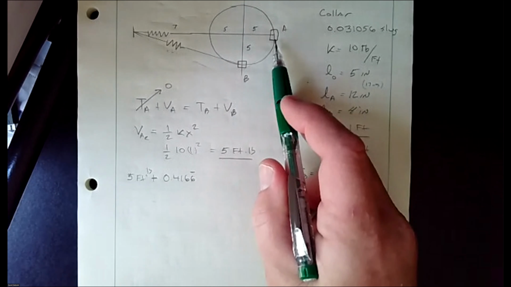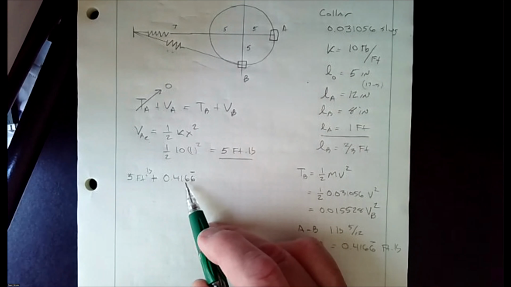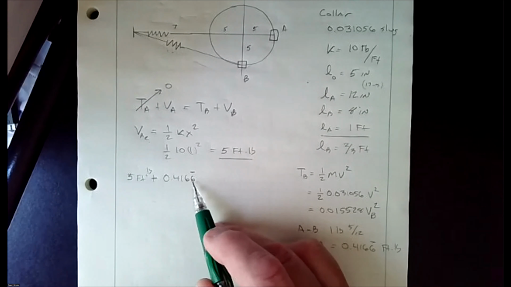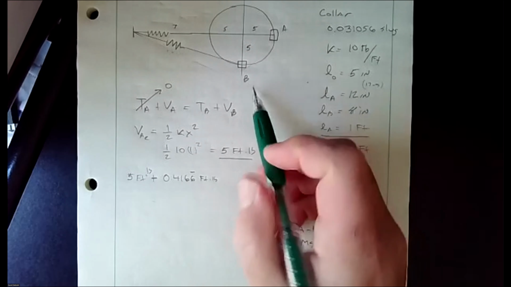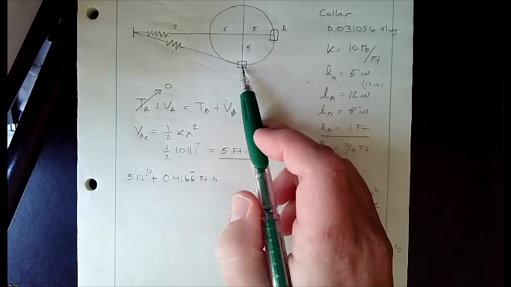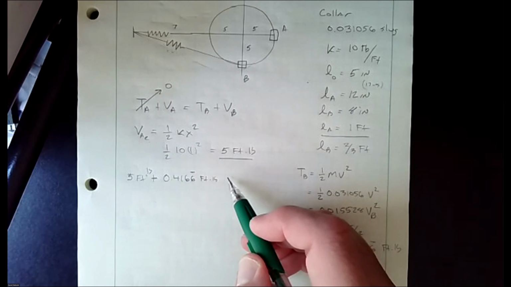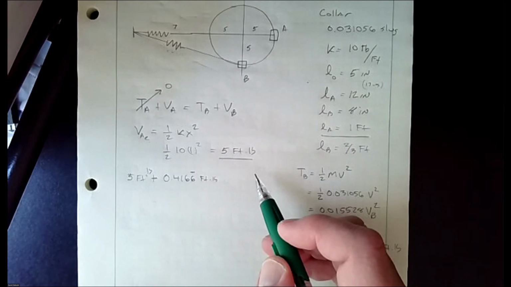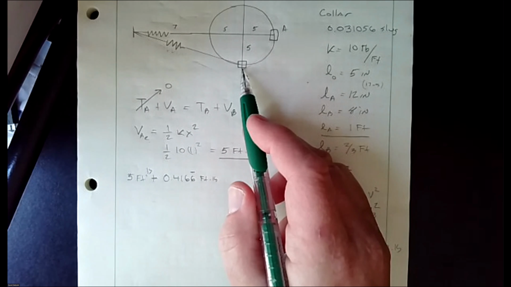Then we dropped down to here, so we had 0.4166 foot-pounds. That's from the gravitational. Now, if we had gotten to this point and the spring was completely relaxed, then this energy would have all been converted to kinetic energy. However, we know that when it gets to here, it still has some.